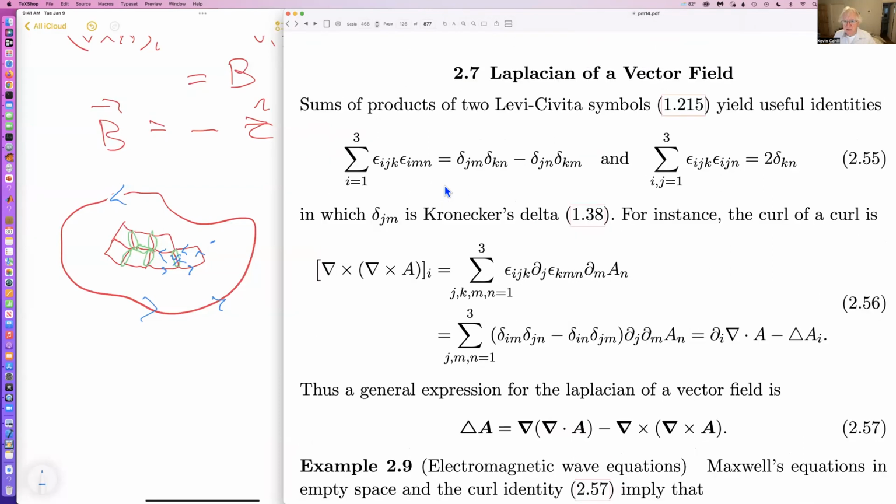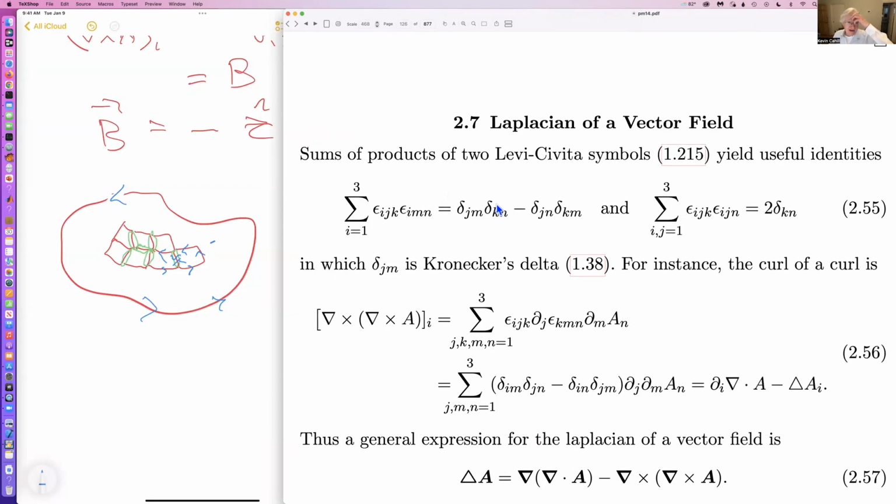Then there's the Laplacian of a vector field, which is more complicated, obviously. Here we use two Levi-Civita identities. This looks totally bizarre and hopeless, but if you learn and remember this, it will be your friend and help you out in difficult situations.